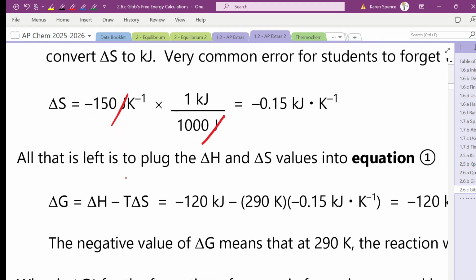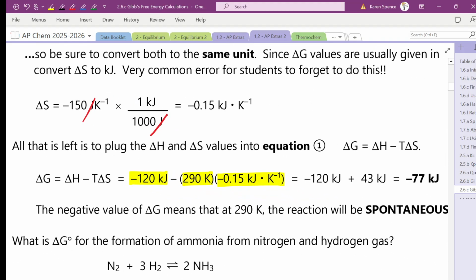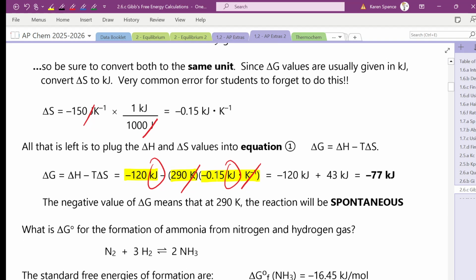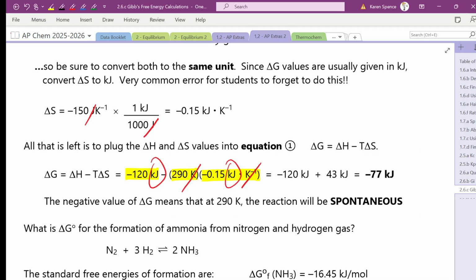Delta G is equal to delta H minus temperature in Kelvin, delta S. The Kelvin cancel out, and you are left with kilojoules and kilojoules, and so you get 77 kilojoules. Now, sometimes you'll be given kilojoules per mole. Sometimes you'll just be given kilojoules. Just go with whatever you are given. Does that make sense? Okay.